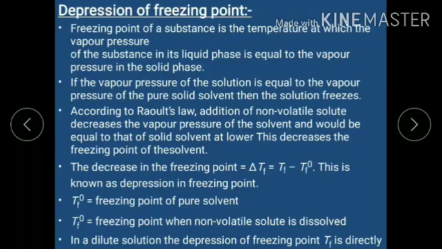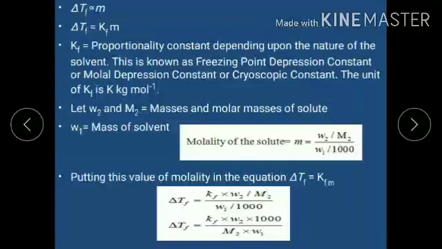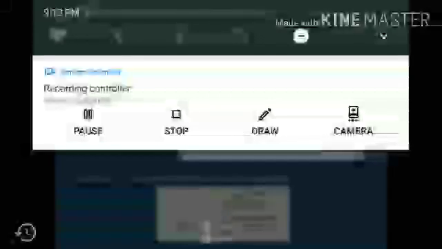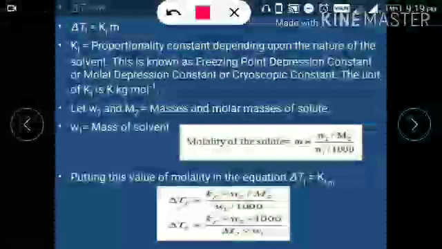Now see the formula: delta Tf is equal to Tf minus Tf naught, where delta Tf is the depression of freezing point, Tf is the freezing point of the solution, and Tf naught is the freezing point of the solvent. Now move to the next slide. I told you earlier the formulas are same.